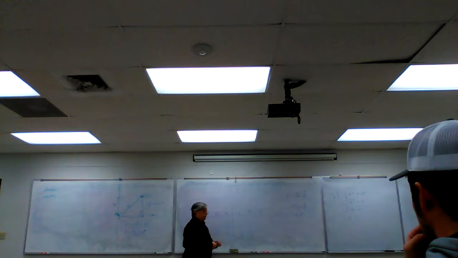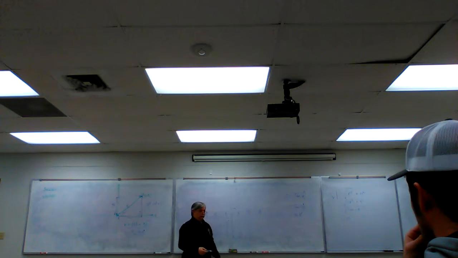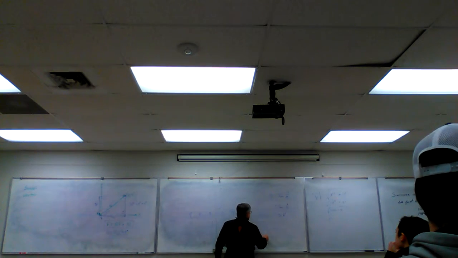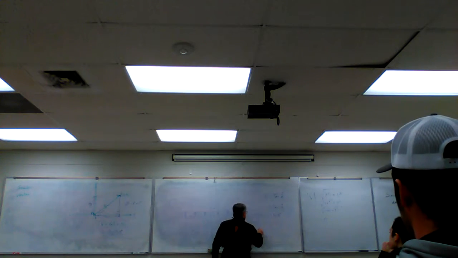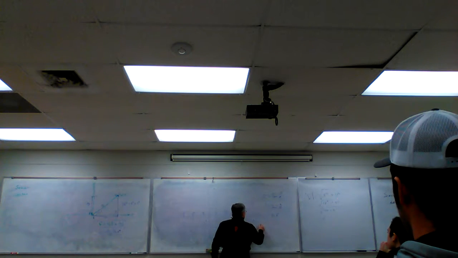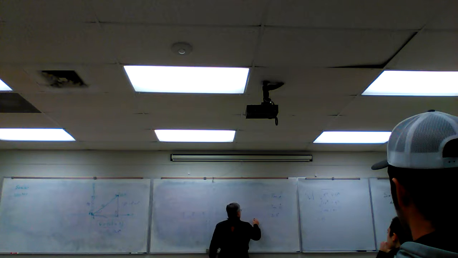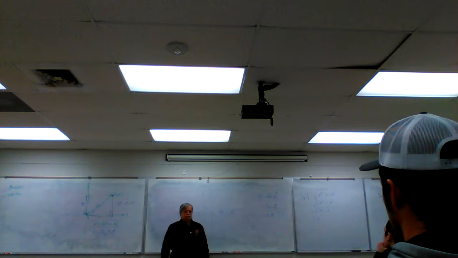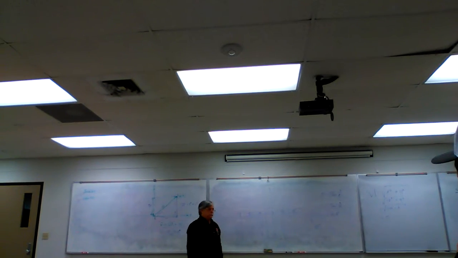Let me give you an example. Suppose you add 2 vectors, and the resultant vector is right here at 100 degrees. Well, then you've got some minus x and y. And you plug that value in.